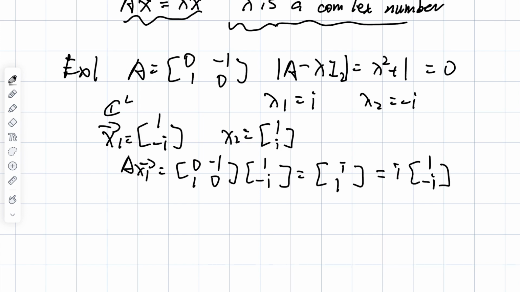That means x1 is the eigenvector corresponding to the eigenvalue lambda 1 equals i.